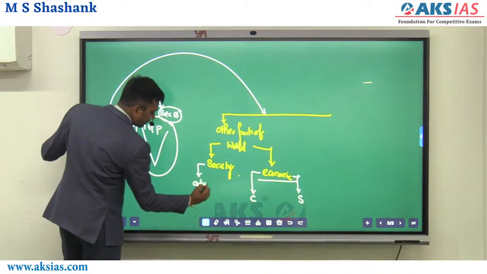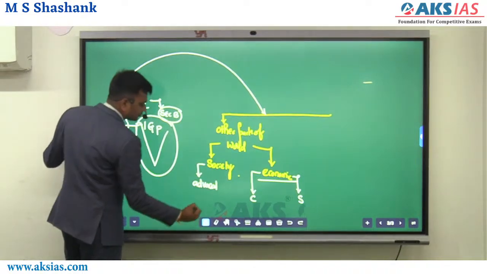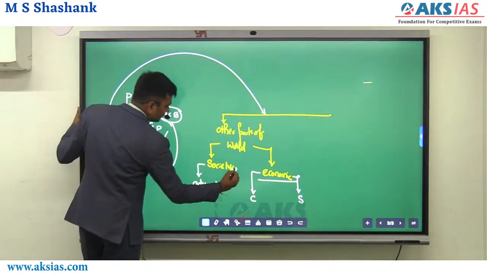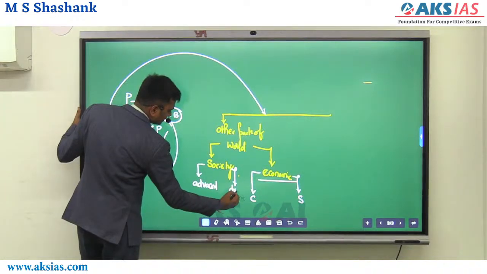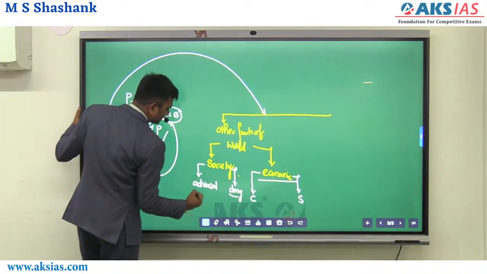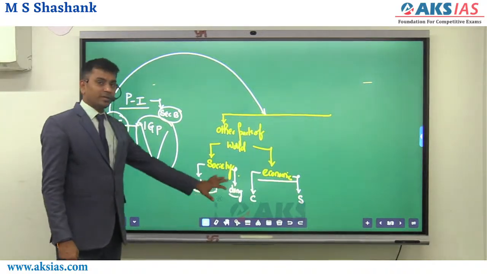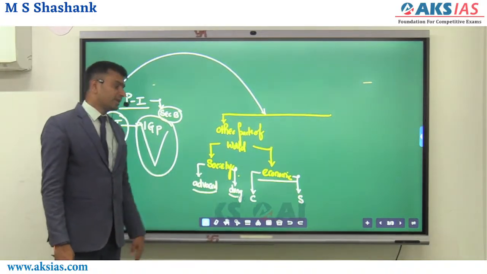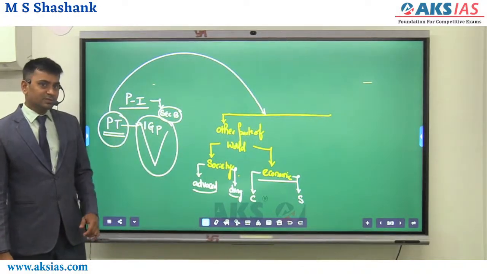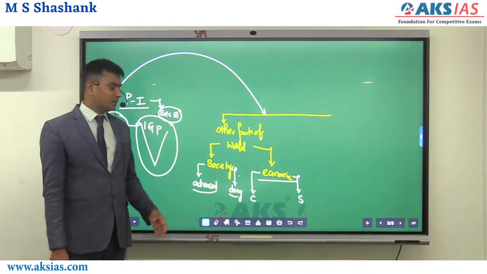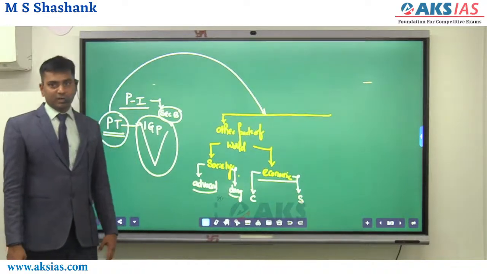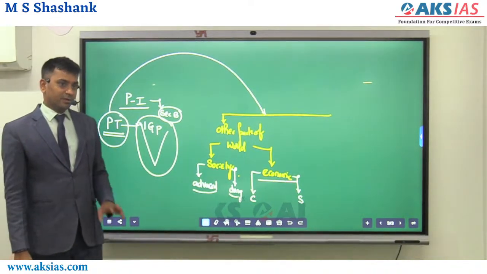Advanced societies or globalized societies or industrial societies, and developing societies. Where industrial revolution has taken place, where societies have forwarded, and where they have not reached that extent. Like this they have classified.